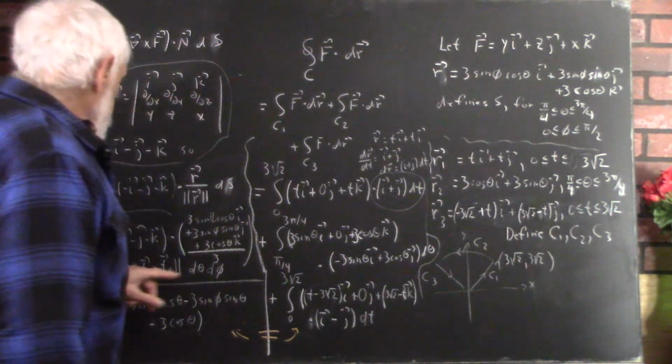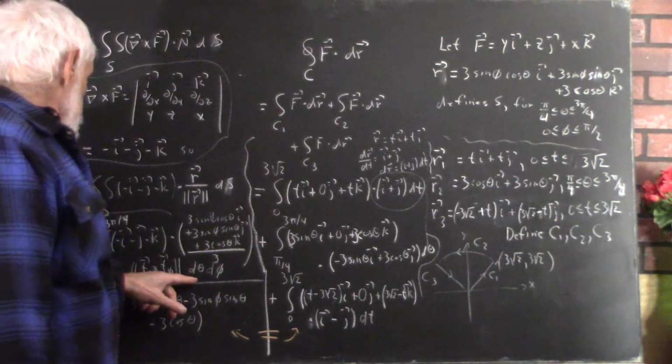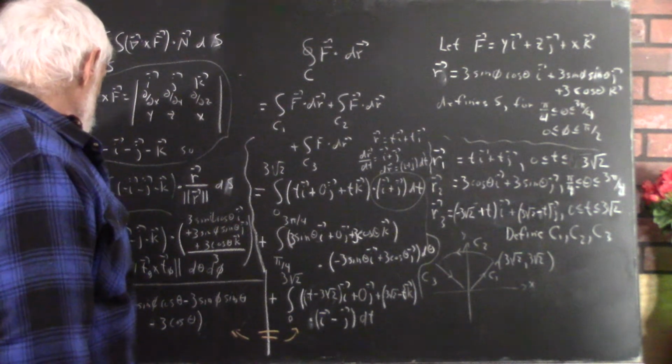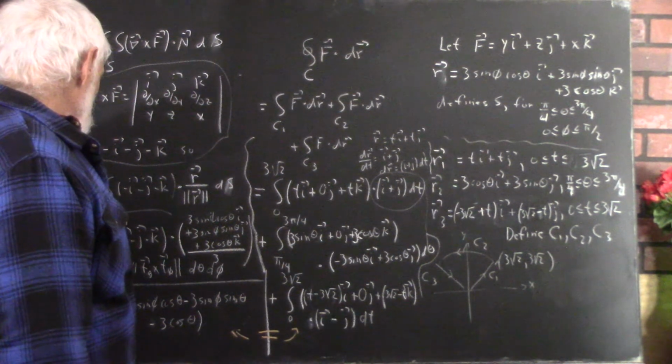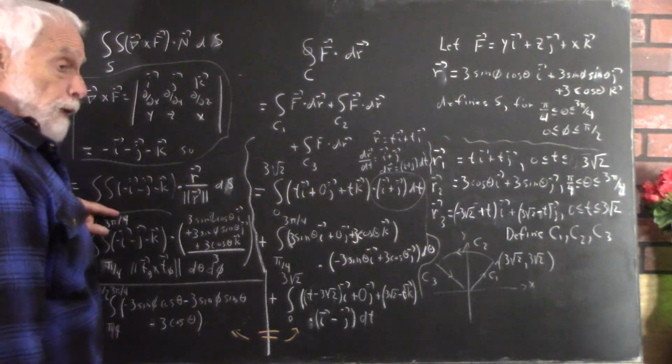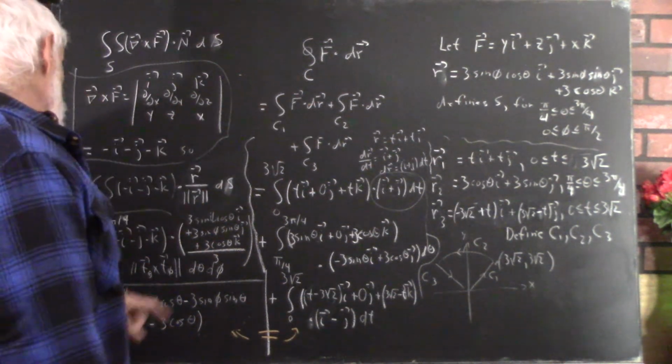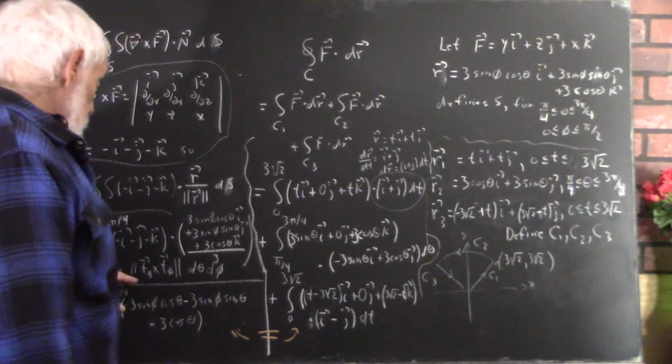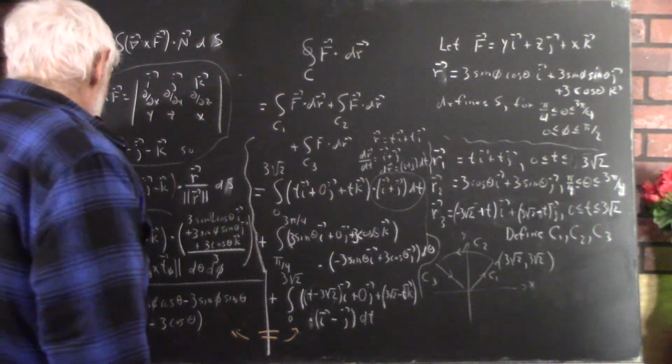Okay, there we have it. Then we're integrating theta first from pi over 4 to 3 pi over 4 according to our parameterization, phi from 0 to pi over 2, again according to our parameterization.